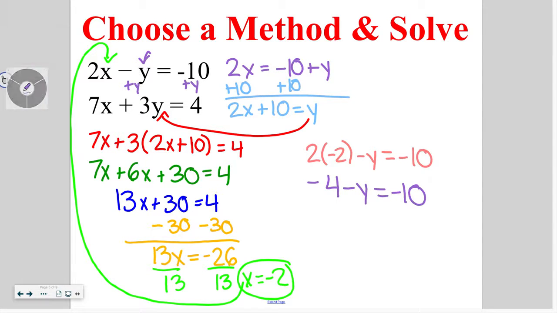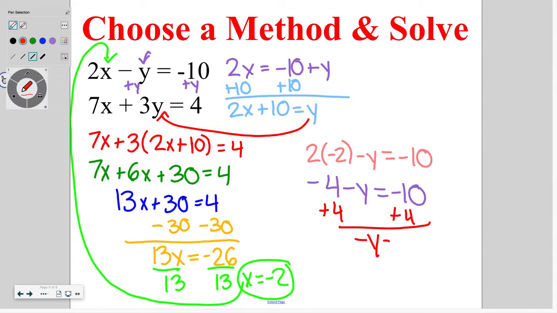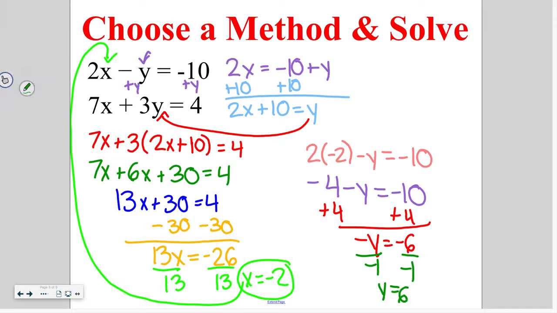I'm going to go ahead and add 4 to both sides, giving me negative y is equal to negative 6. And dividing both sides by a negative to get rid of that negative in front of the y, I get y is equal to 6 for a final answer of negative 2, 6.